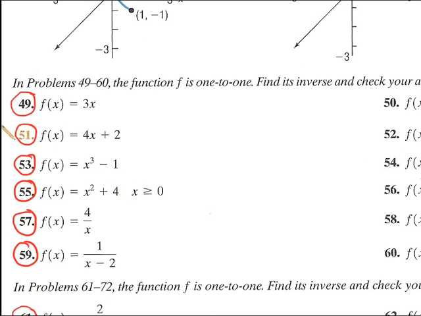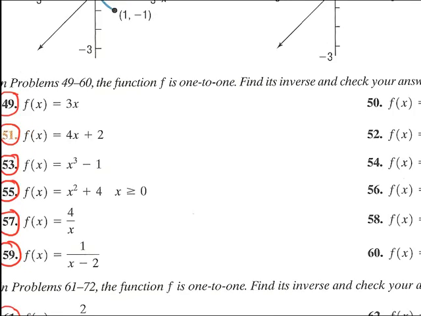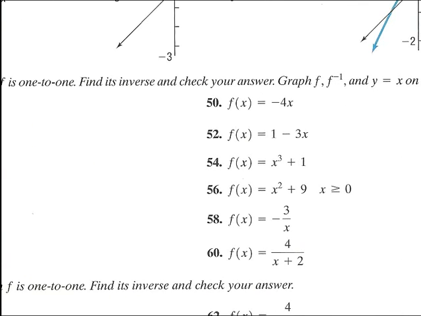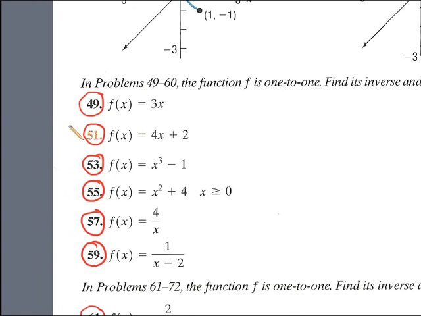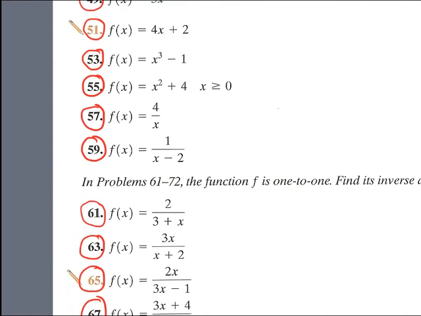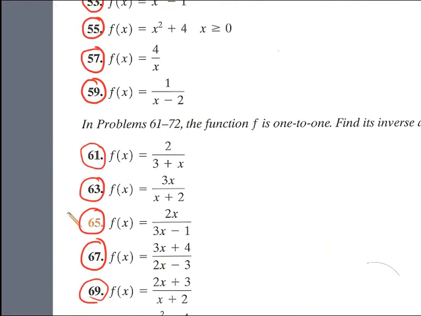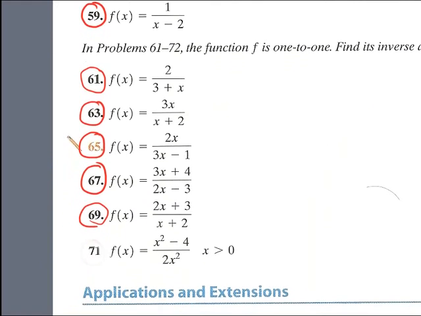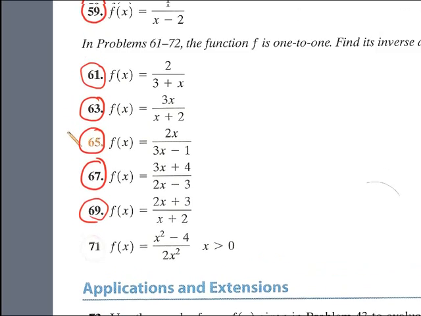Okay, we continue the homework for the section 6.2: verify that the function is one-to-one and find its inverse, and check the answer using the graph, and do the graph of f and f inverse. So exercises 49, 51, 53, 55, 57, 59, 61, 63, 65, 67, and 69.